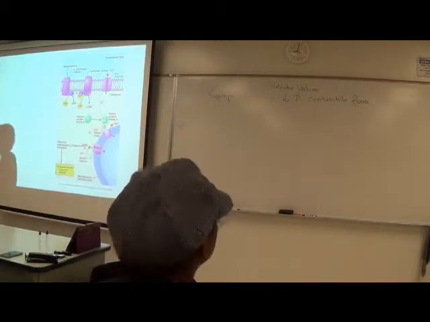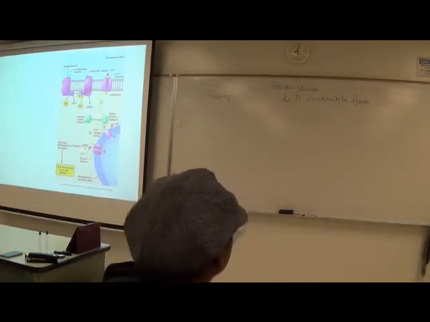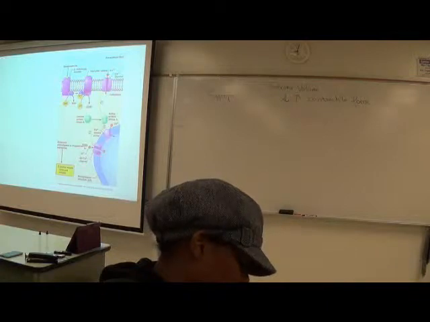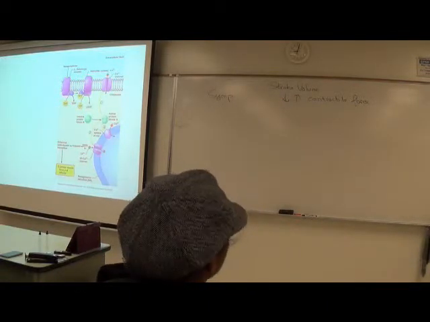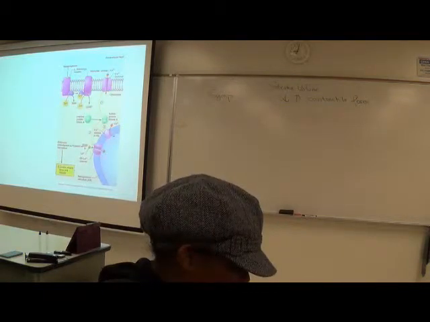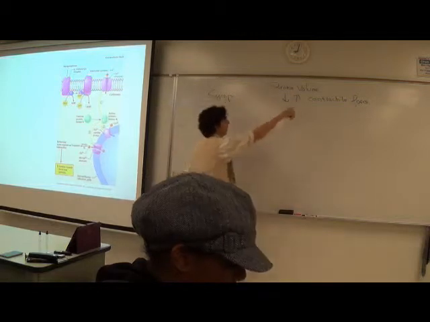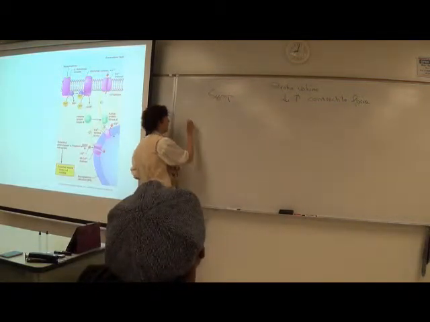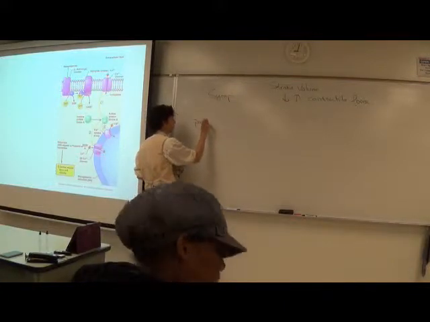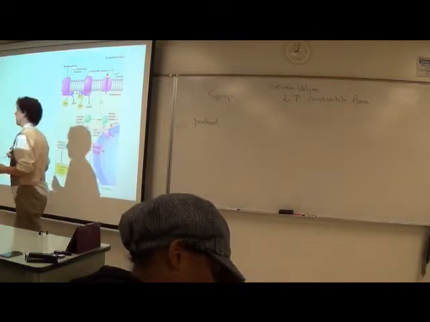Now, there are several other factors affecting stroke volume besides just the sympathetic nervous system. So we're going to look at several of these, all right? Before we get to the sympathetic portion itself, we have contractile force, and that's going to be affected by preload. We'll come back and describe each of these.